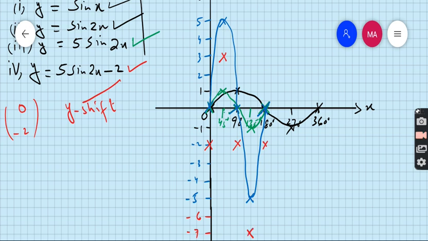So all points move to 2 unit below. 5 move to 3, 0 move to minus 2, and 0 move to minus 2, and 0 move to minus 2.